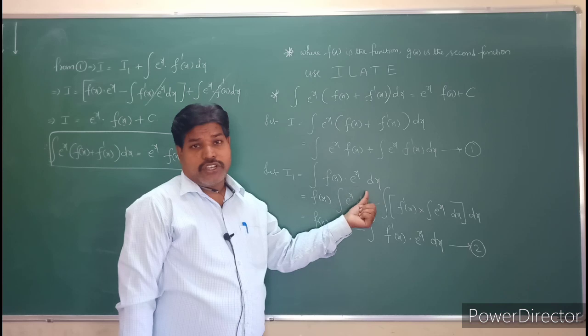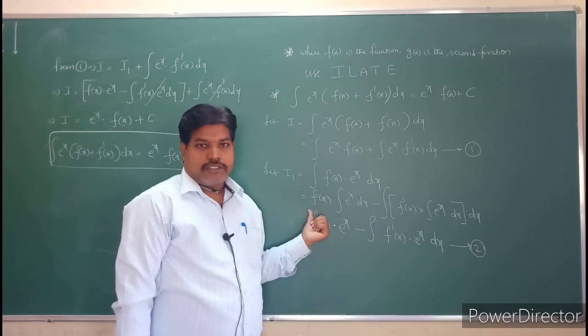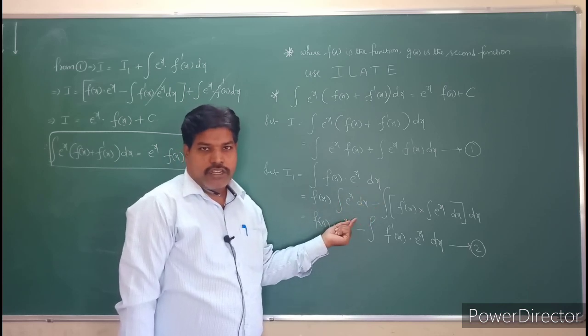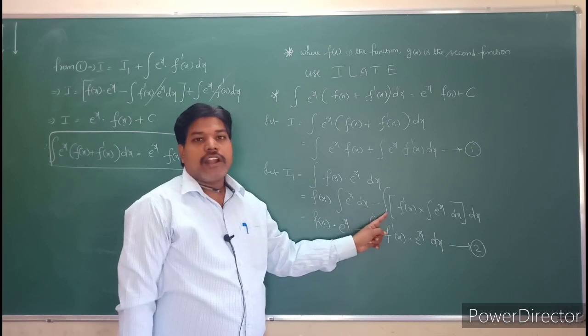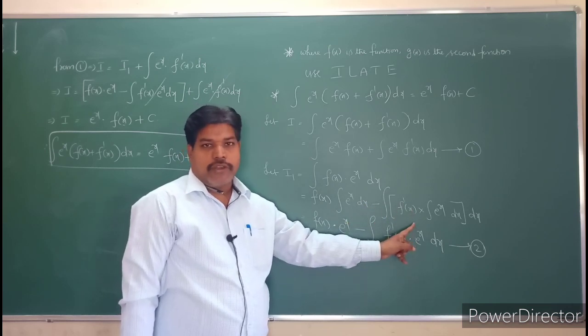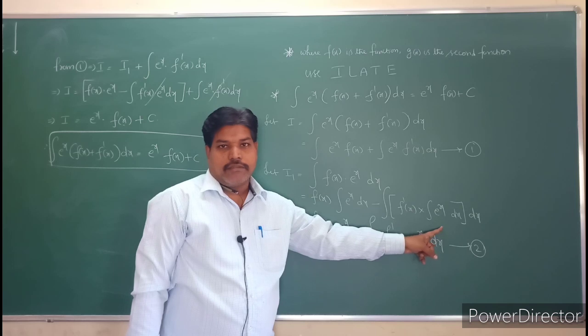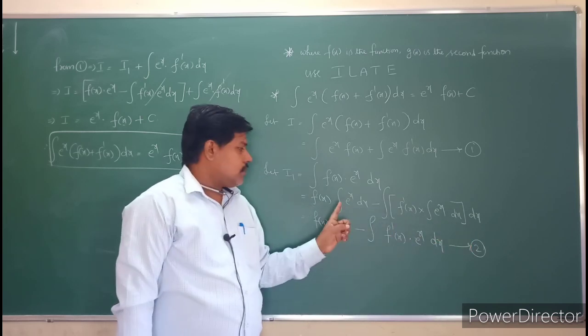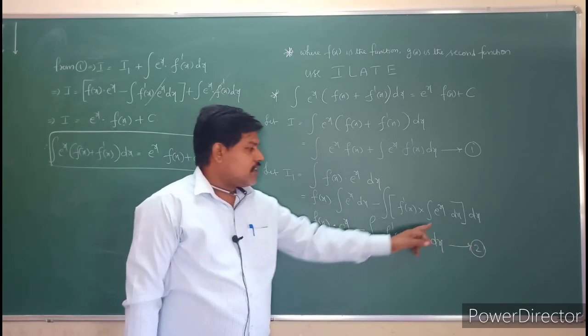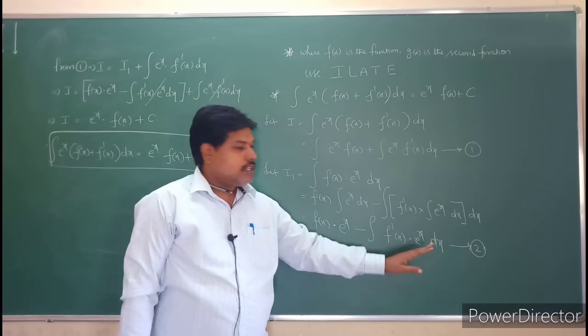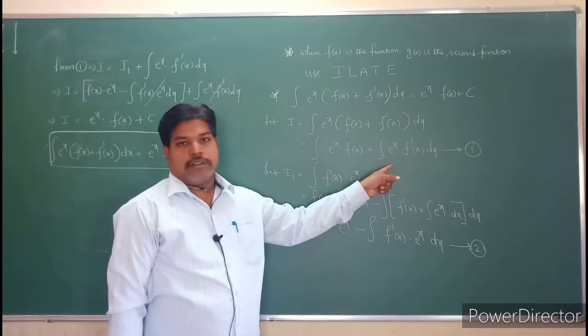Integral of f of x into g of x is first function, integral of second function, minus integral of first function derivative into second function integral into dx. So e power x integration is e power x, and here also e power x integration is e power x. Just substitute this value in equation 1.